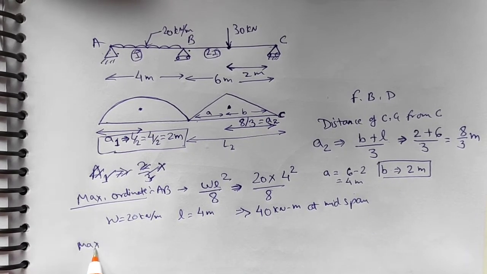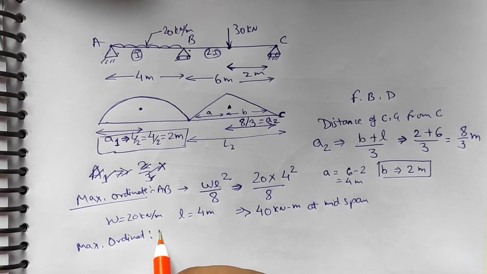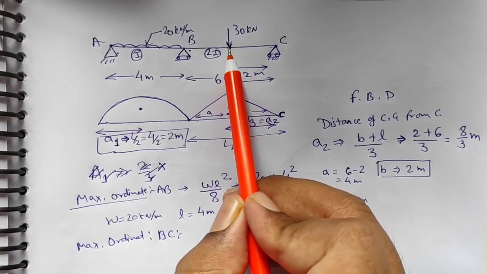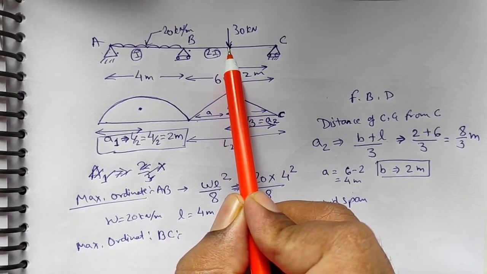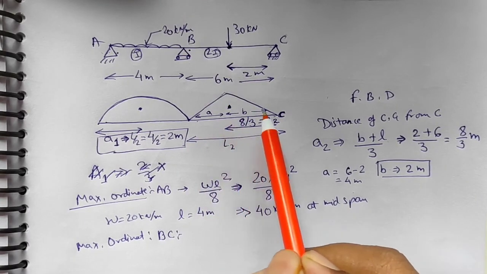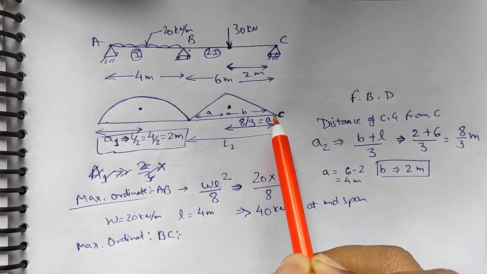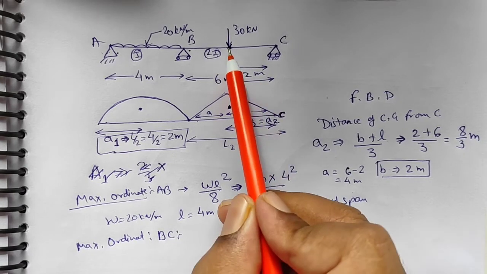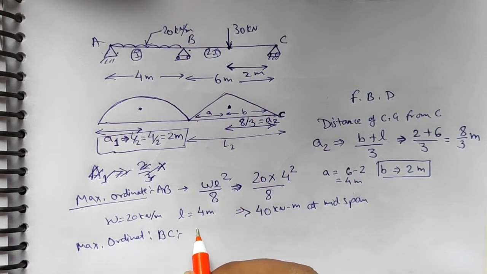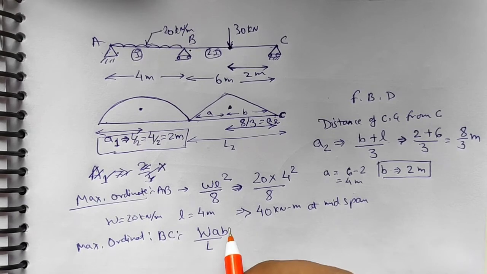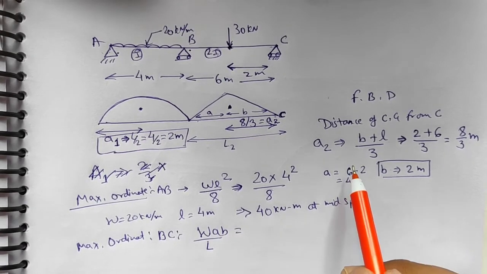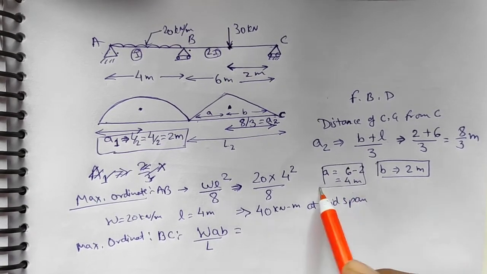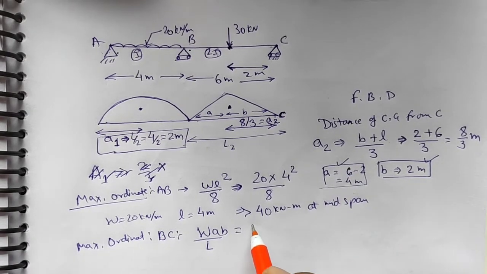Similarly, I'll find the maximum ordinate value for the beam BC. Here a point load is acting, so an unequal triangle has been drawn for the point load. In such a case the value of maximum ordinate for the triangle will be W a b upon L, where a and b are as previously discussed.